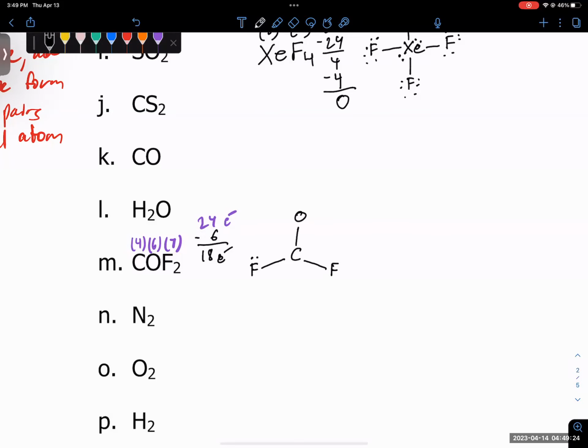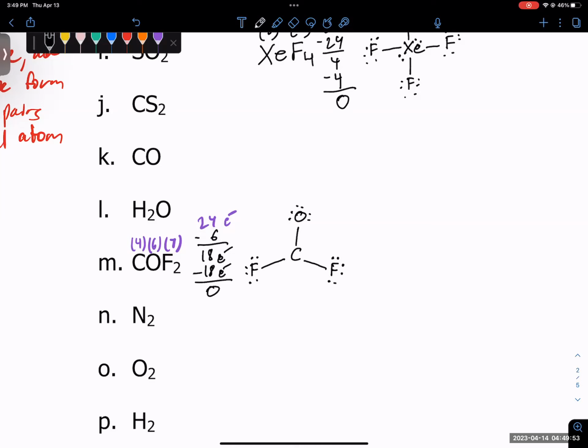So 1, 2, 3, 4, 5, 6, and we're doing this until we get to 8 electrons. I wasn't clear on that. 2, 3, 4, 5, 6. So that's 18 electrons that we just did. 18 minus 18 is 0. But wait, carbon doesn't have a full octet. And stuff is bad when carbon doesn't have a full octet. There's a whole section of organic chemistry dedicated to what happens when carbon doesn't have a full octet.